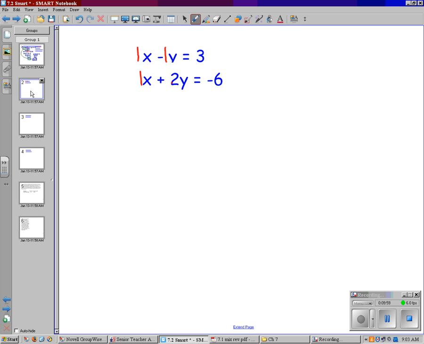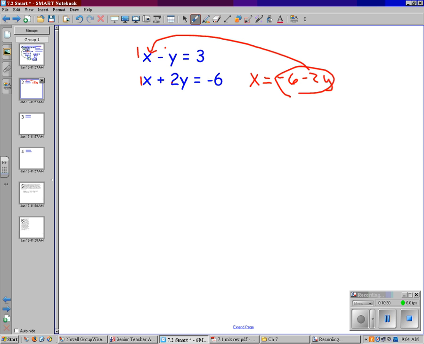So I can either rewrite this top equation as x equals 3 plus y, and then substitute that in for x in this equation. Or what I can do is solve the bottom equation as x equals negative 6 minus 2y, and then substitute that in for x in the top equation.